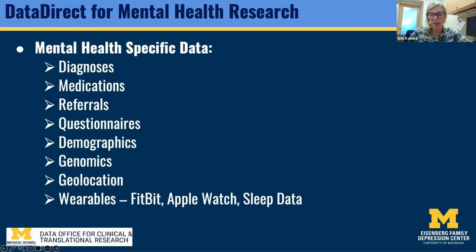Demographic data, we newly have the race category of Middle Eastern North African, which is our largest minority in Michigan, but it was never represented as one of the race categories. It's often other, sometimes Asian, sometimes Black, sometimes white. So that demographic is really important so that we don't lose data about that population. Genomics, geolocation, and I mentioned wearables. Next slide.